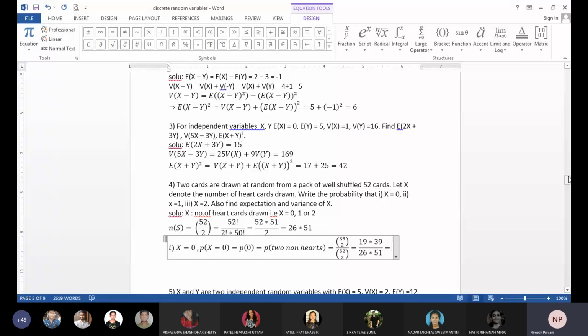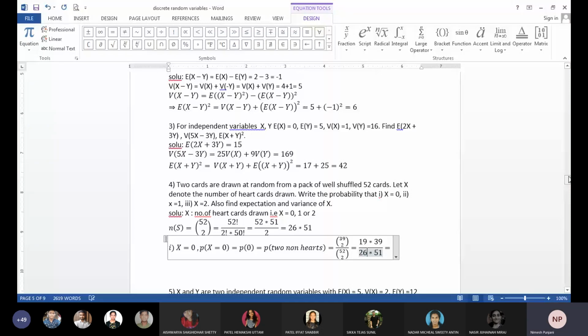See, 26 and 39 are multiples of 13, so 39 upon 26 will give you 3 by 2. Is there anything common between 19 and 51? Nothing is common.